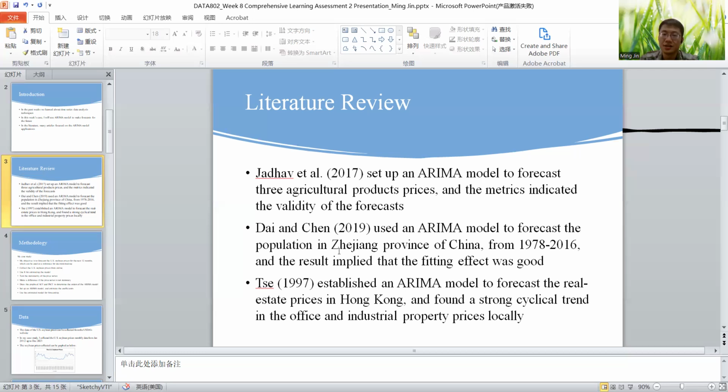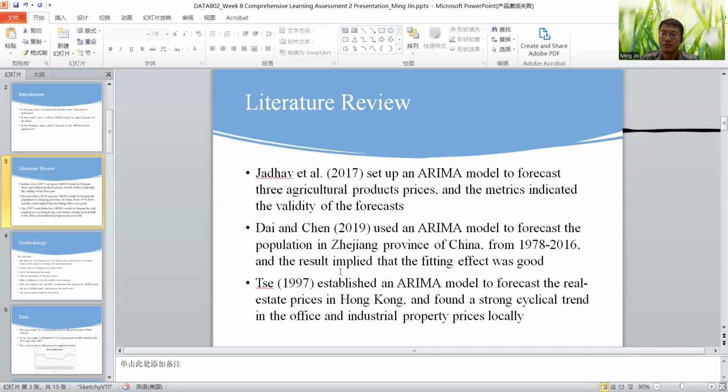In the year 2019, Dai and Chen used an ARIMA model to forecast the population in the Zhejiang province of China. The data ranged from 1978 to 2016. And the result implies the fitting effect was pretty good.